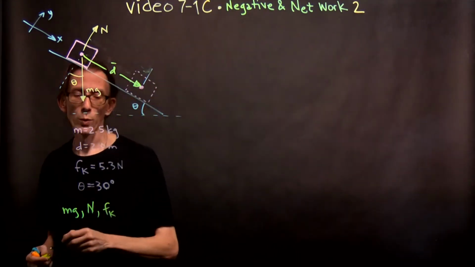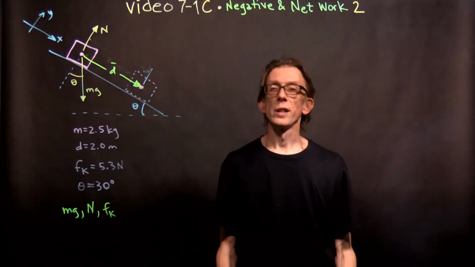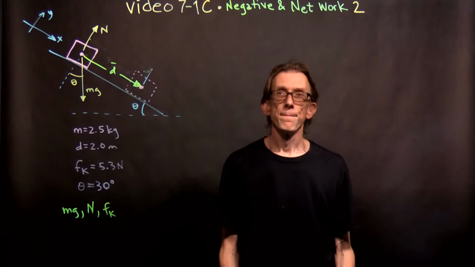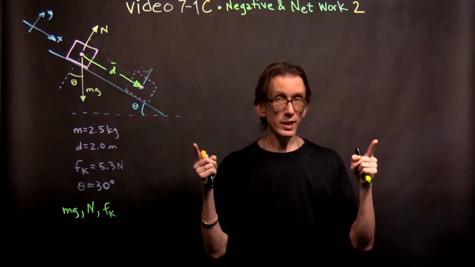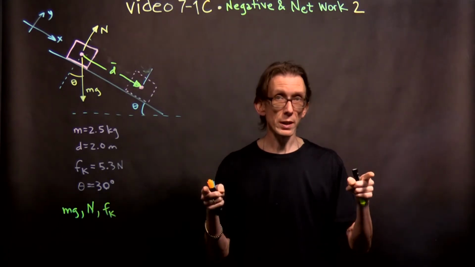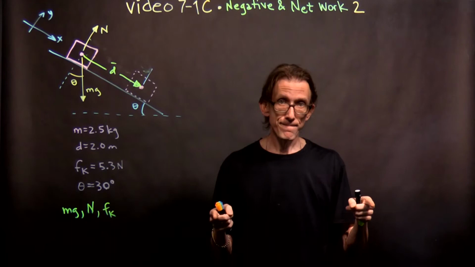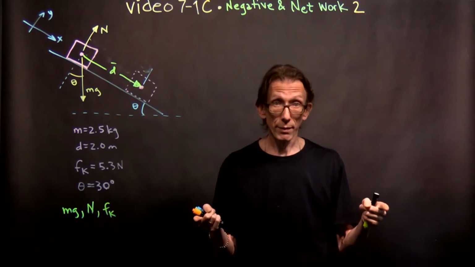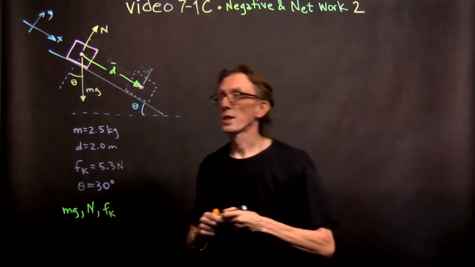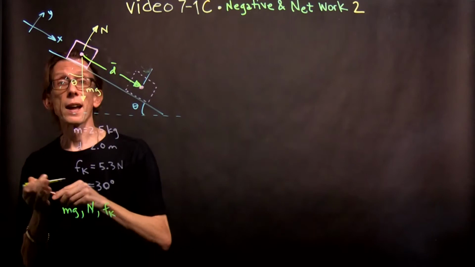the kinetic frictional force. And the force of kinetic friction, what direction is it in? Not static now, kinetic. What direction is the kinetic friction always in? It always opposes the motion. You can think of it, it opposes the displacement. The motion is downhill, so the kinetic frictional force is uphill in the negative x direction.